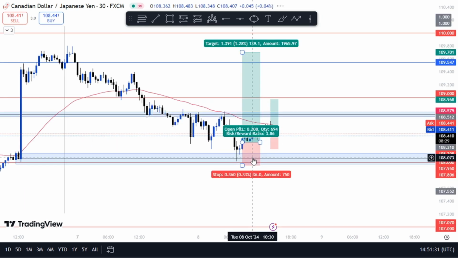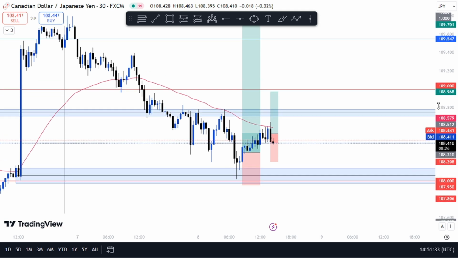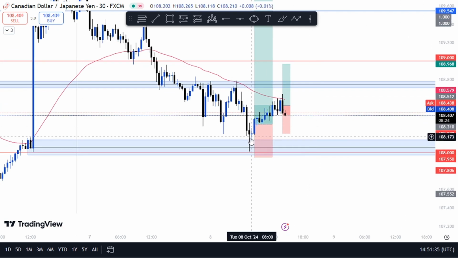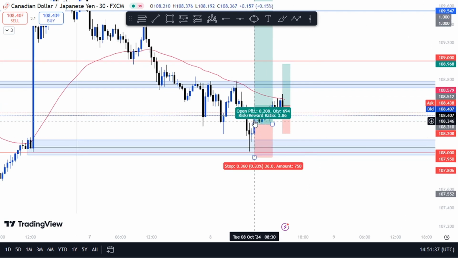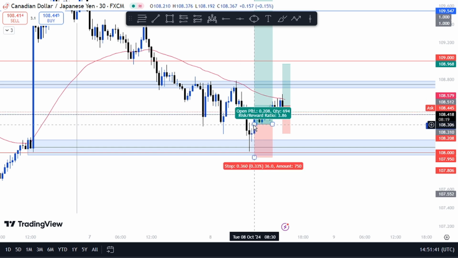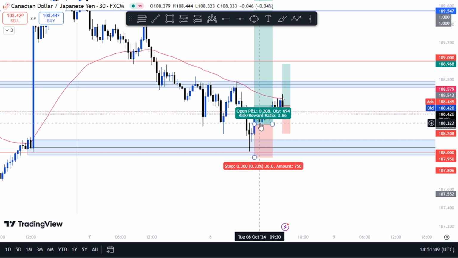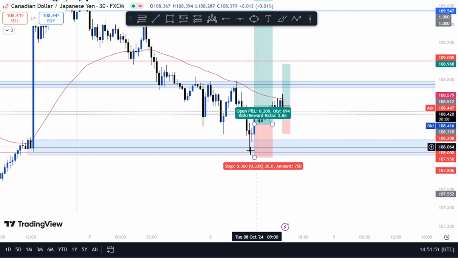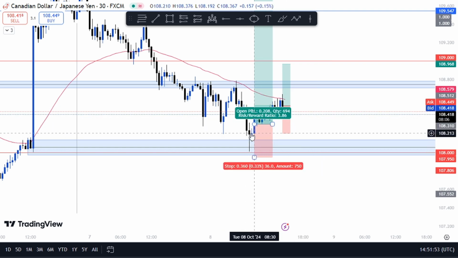Let me go to the 30 minutes for you to see. I did not see my entry confirmation in the zone. I saw it here at this engulfing candle. So when this engulfing candle happened, I waited for the next candle to pull back a little bit. That is when I entered. Okay, so I'm still holding this trade as I'm doing this video.